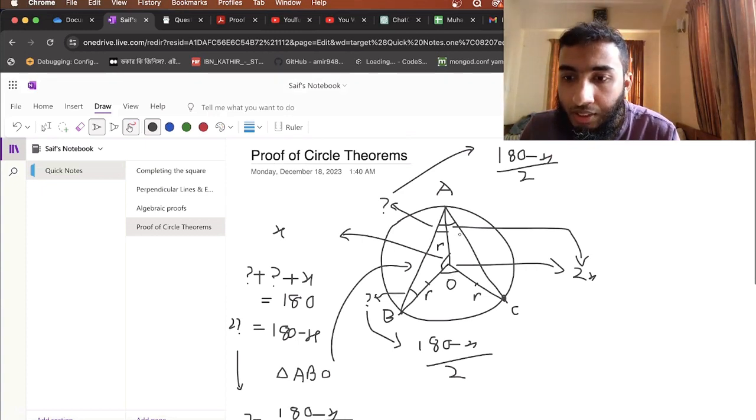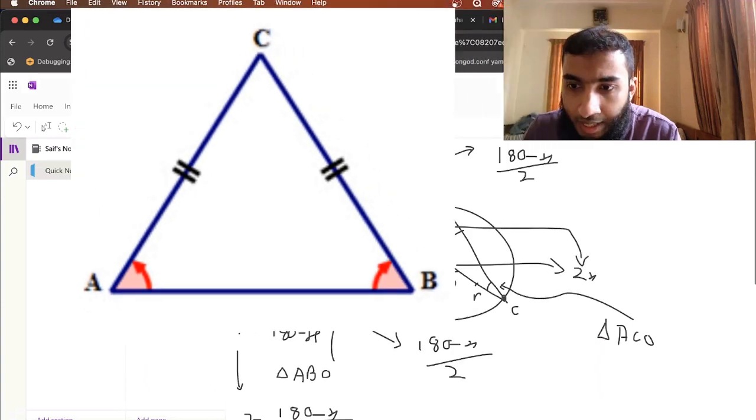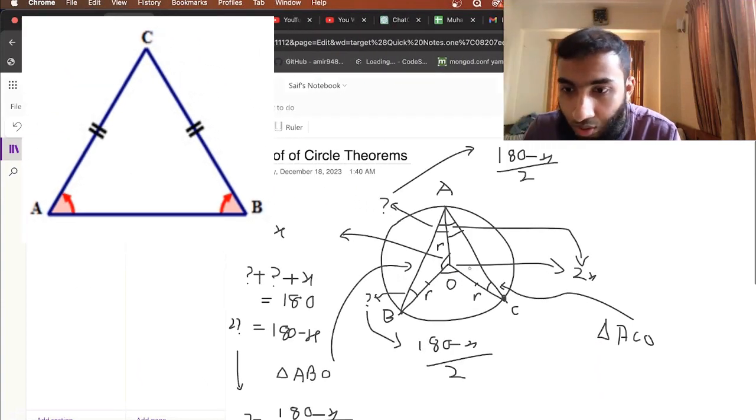So similarly for triangle ACO, this angle and this angle are the same because AO and CO are radii, so the opposite angles are the same. So what is this angle?